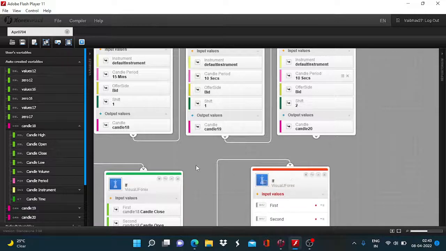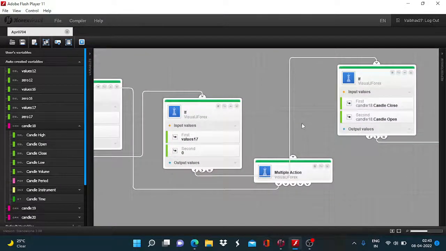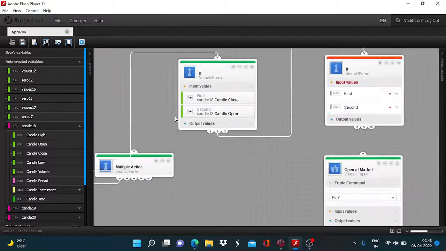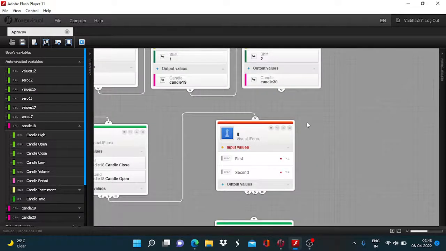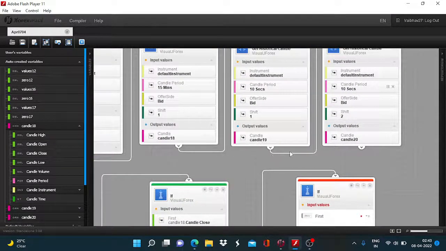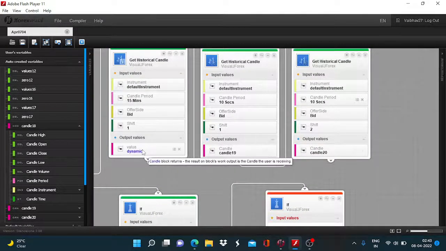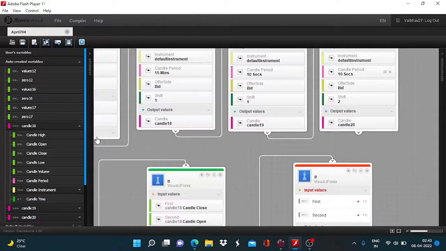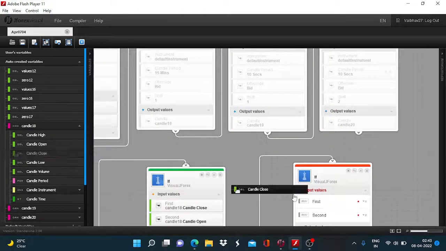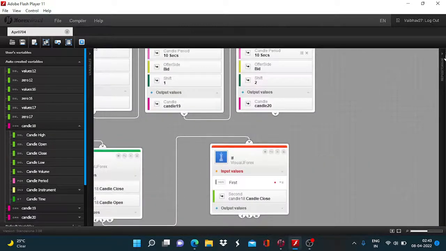And execution will happen as soon as price starts to rise above the closing value of the last 15-minute candle, which is candle 18. So we compare the closing values of candle 19 and candle 20 with the closing value of candle 18. So candle 18 candle close is going to be the common input.